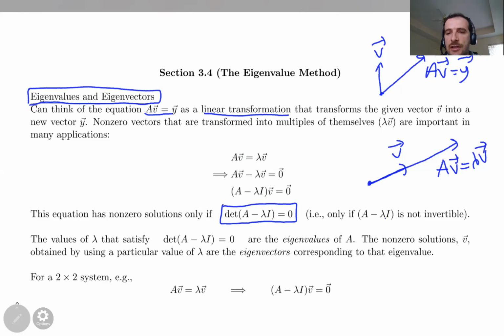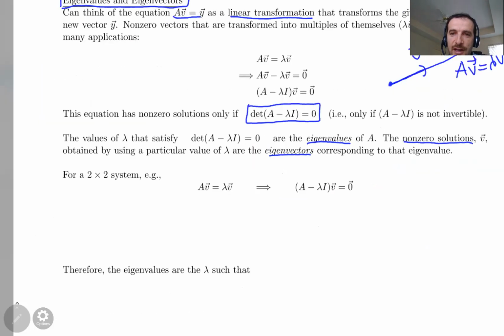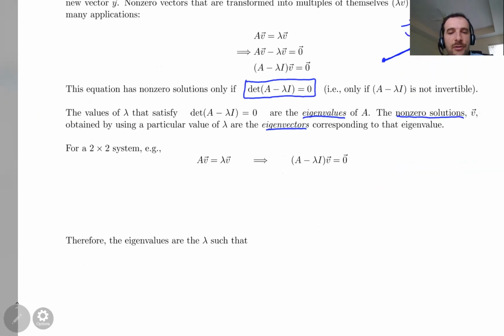In other words, if A minus lambda I is not invertible. The values that satisfy this condition are eigenvalues, and the non-zero vectors that satisfy it are called eigenvectors. These are very important concepts.